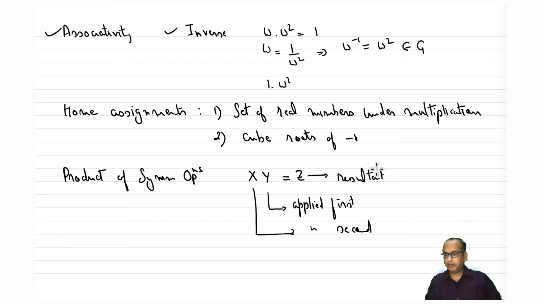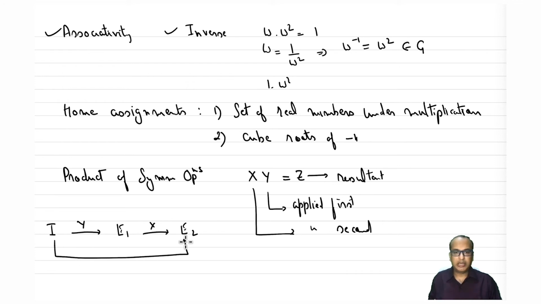We had seen that before, right? In other words, if I start from a molecule I and apply Y, I get, let's say, E1, then I apply X, I get E2, which are equivalent configurations, and this can be achieved by Z, right? This is what is meant by the product of symmetry operations. That should also be very clear.